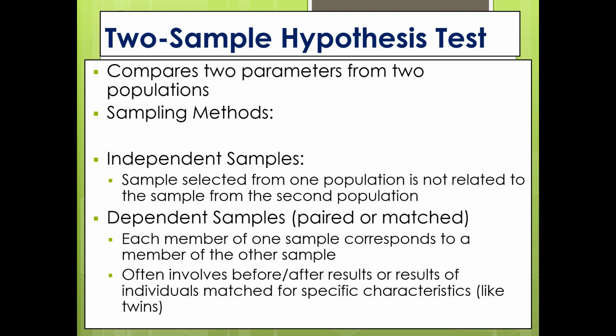Now, that doesn't mean they have nothing to do with each other. It's not like sample 1 is we're figuring out how much ice cream these people eat, and sample 2 is we're figuring out how many trees are growing. It doesn't mean they're totally unrelated. It just means the individuals from the first sample have nothing to do with the individuals in the second sample. And I think the best way to really understand that is to look at what a dependent sample is.